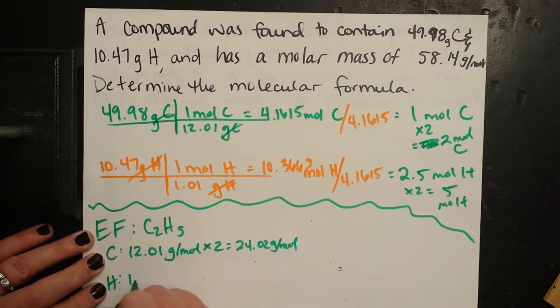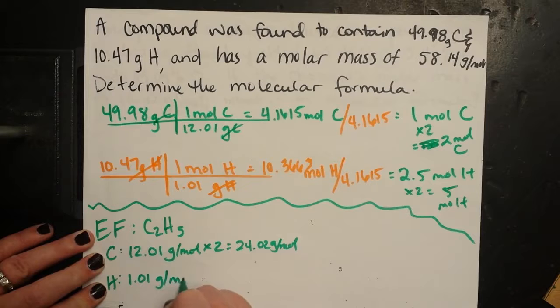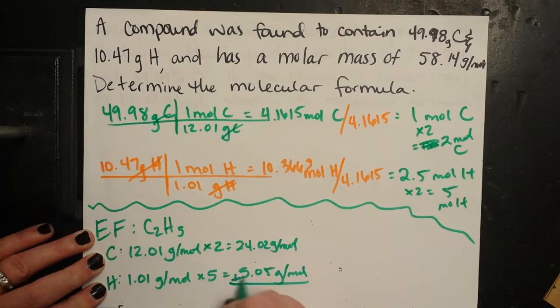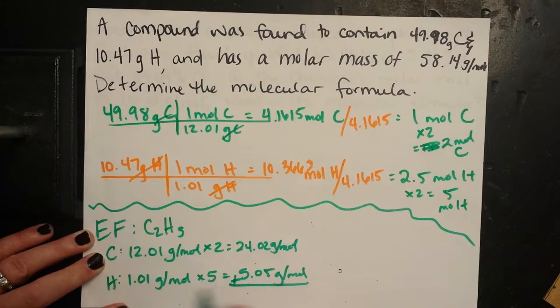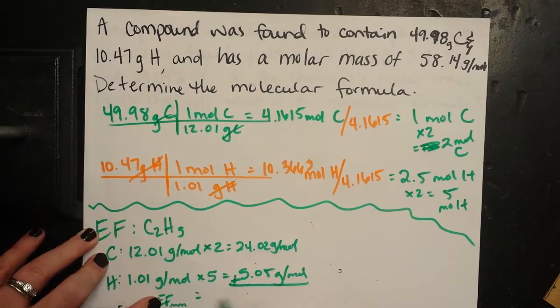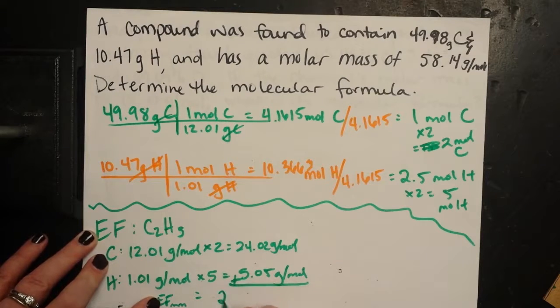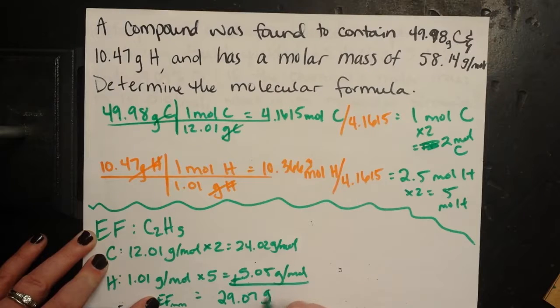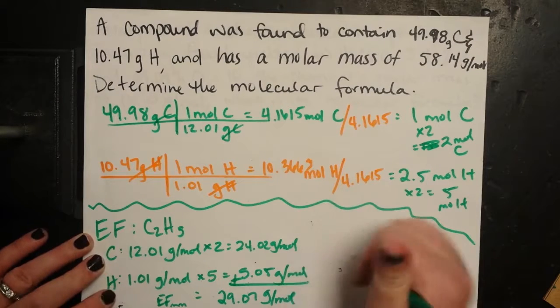Hydrogen is 1.01 grams per mole, and I've got 5. So that's 5.05 grams per mole. So my empirical formula molar mass is going to be 29.07 grams per mole.